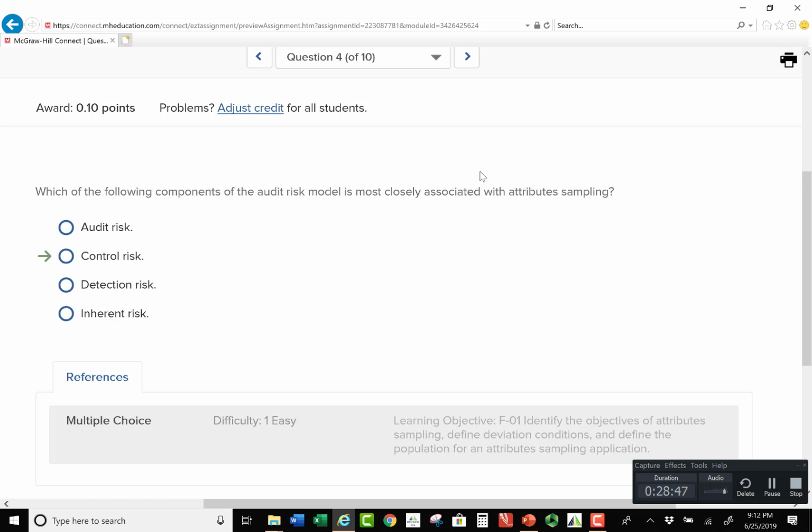If we assess control risk at the maximum, how many items are we sampling for our control testing? Zero. We're not doing our control testing, right? So it's all about that assessment of control risk that's governing the sample size. It's governing that tolerable deviation rate.